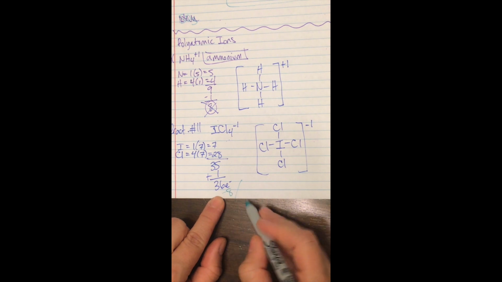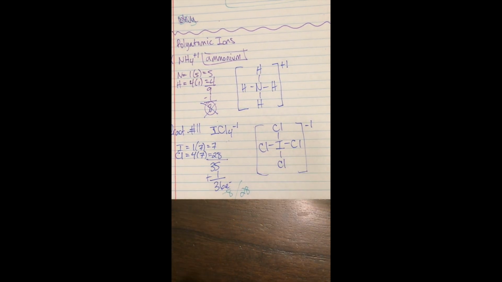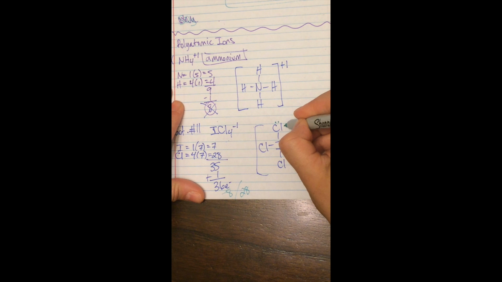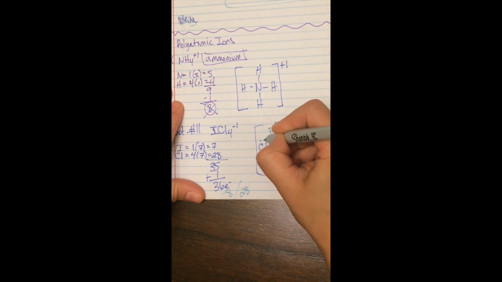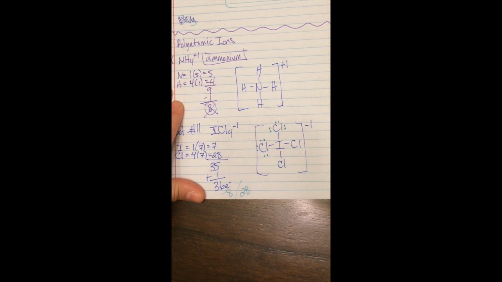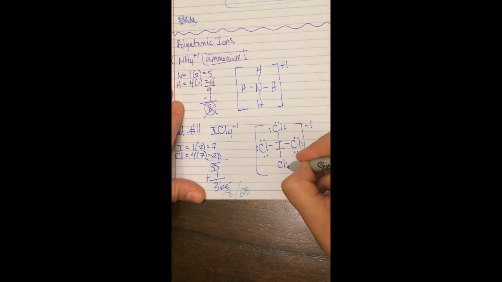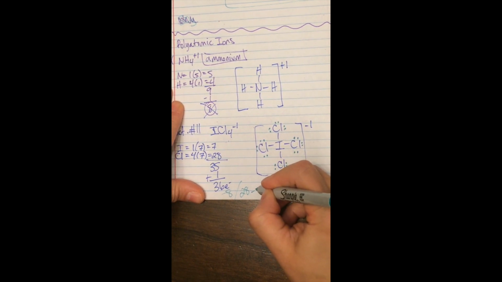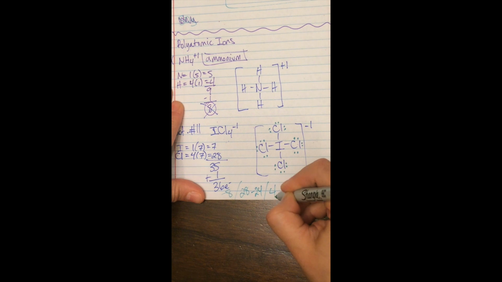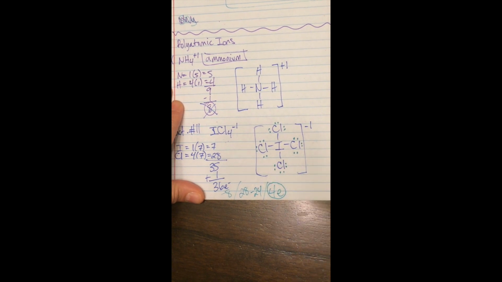When I take out 8, we have 28 left over. Okay, so 2, 4, 6, 8, 10, 12, 14, 16, 18, 20, 22, and 24. When I take away those 24, that's going to leave me with 4 extra electrons.